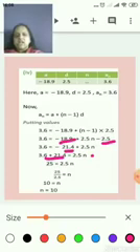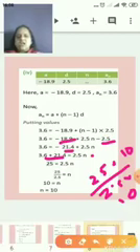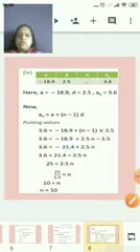How to get n? As in the denominator it is given as 2.5, you can make it 250 upon 25. Multiply numerator and denominator by 10. And if you simplify, you will get the answer n as 10. So this is nothing but the fourth sum of question number 1.